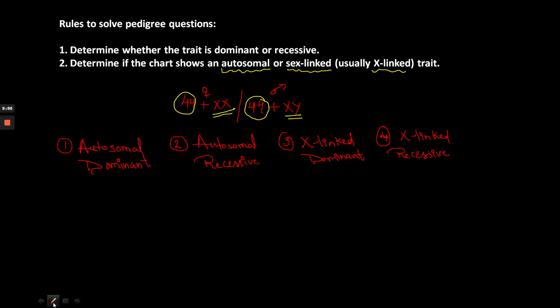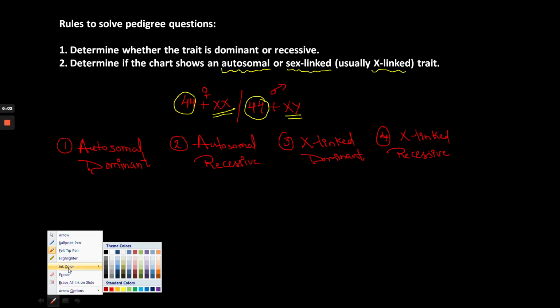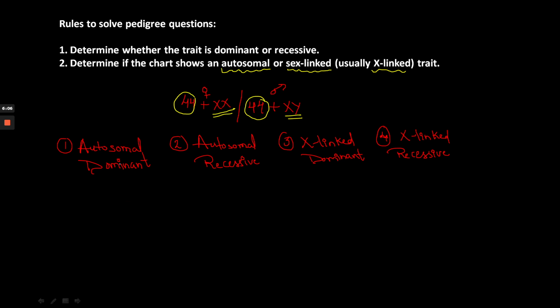Now let us talk about the very first thing: what will be the genotype of the individual if they have these types of disorder. In the case of autosomal dominant, the affected individual must have the genotype in either homozygous dominant or heterozygous condition.